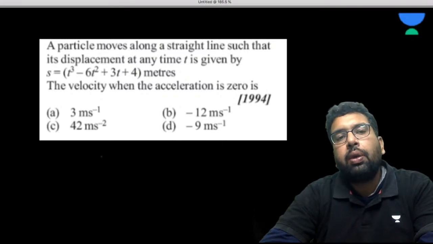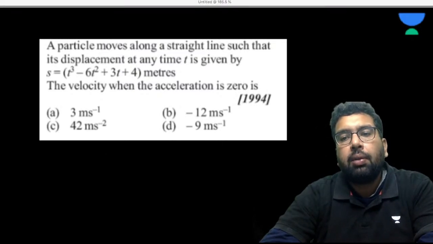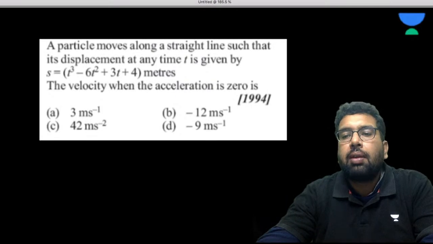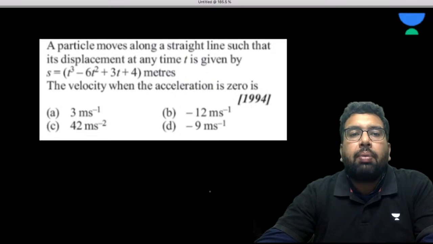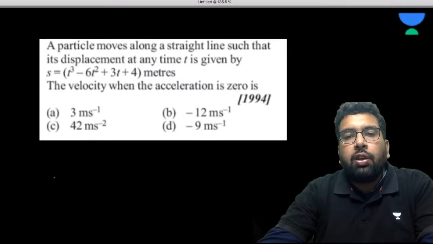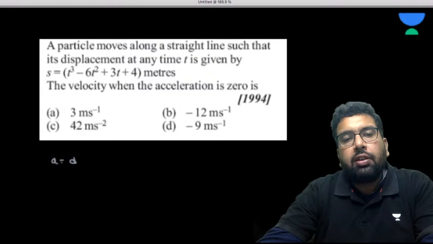So how can we do it? The particle moves along a straight line such that its displacement at any time t is given by s equals t cube minus 6t square plus 3t plus 4. Find the velocity when acceleration is 0. So acceleration is dv by dt.